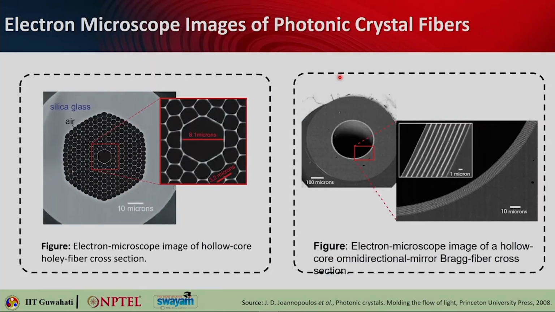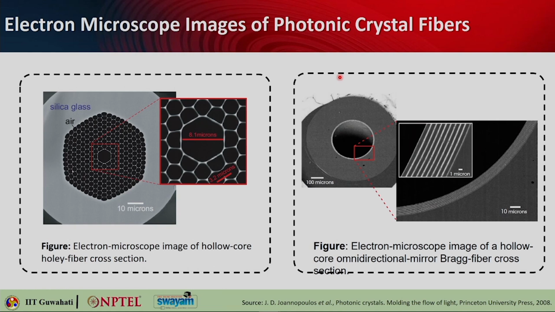So that is how in this kind of solid core holey fiber, higher order modes cannot be sustained, and only a single mode can propagate. That is very good, as there is no multi-mode interference and so on. So there is a huge promise of photonic crystal fibers in the future.